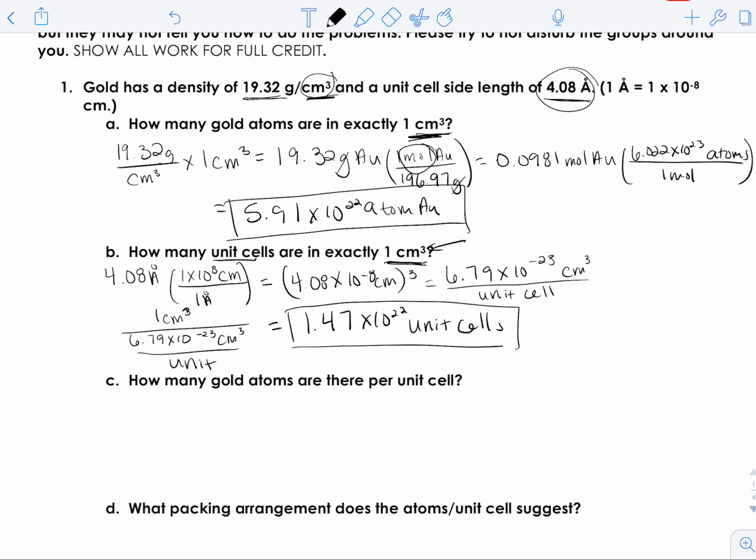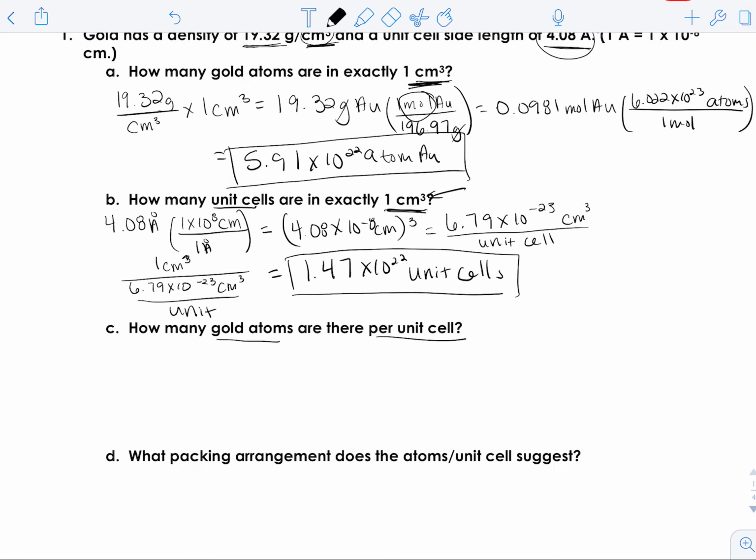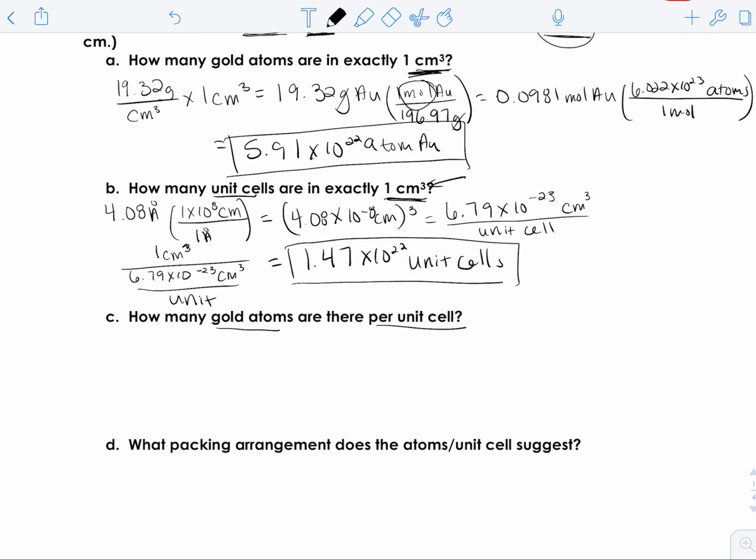Now, we want to know how many atoms there are per unit cell. So if we divide number of atoms by number of unit cells, we can get atoms per unit cell. So we take our 5.91 times 10 to the 22nd atoms, divide it by our 1.47 times 10 to the 22nd unit cells.